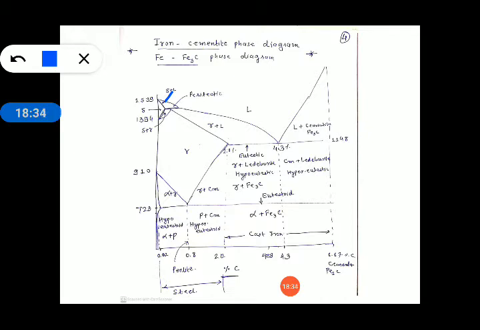This is the zone where delta is present, the small zone called delta, and each phase is represented by a special symbol. The name of that particular phase is ferrite, delta ferrite.